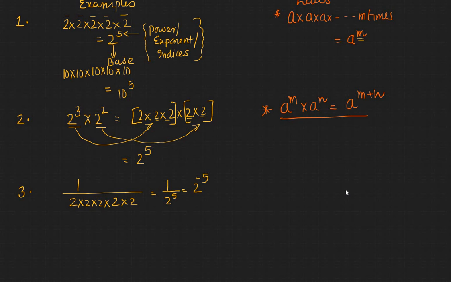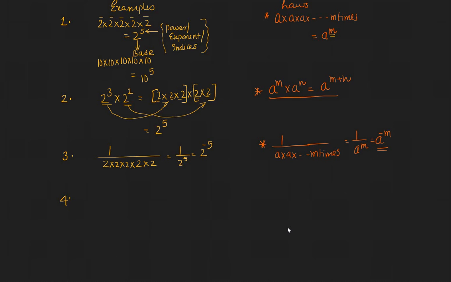So here's the law. I can say in general, 1 by a into a, m times, is nothing but 1 by a power m, which is written as a power minus m. So this is your third law.